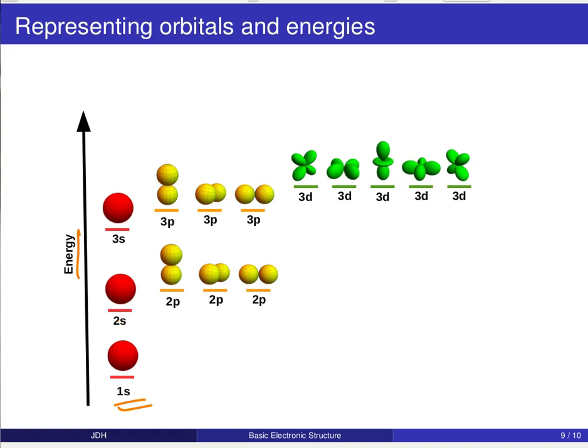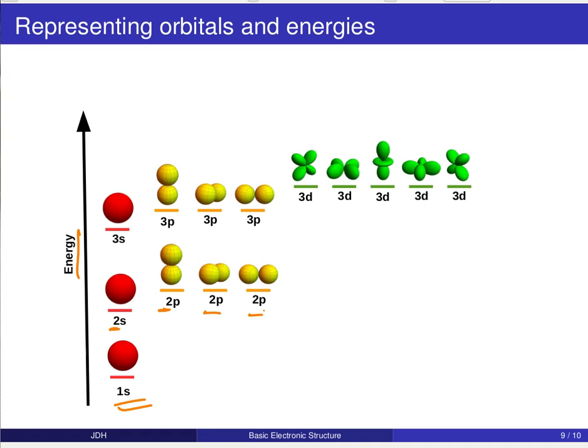Once we get to n equals 2, we start having p orbitals show up. There are 3 different orientations that these p orbitals can take, 3 distinct orbitals, all with the same shape. And all 3 of these p orbitals have a larger energy relative to the 2s, because remember, more lobes, more energy.